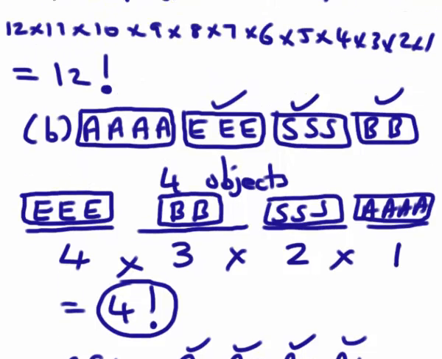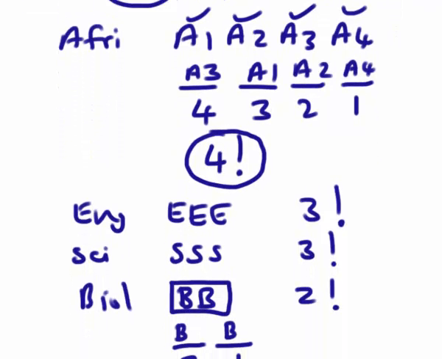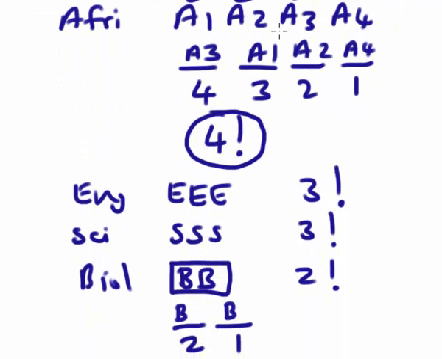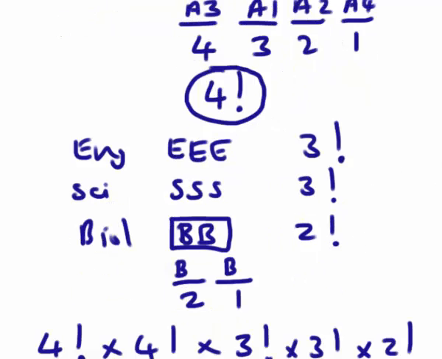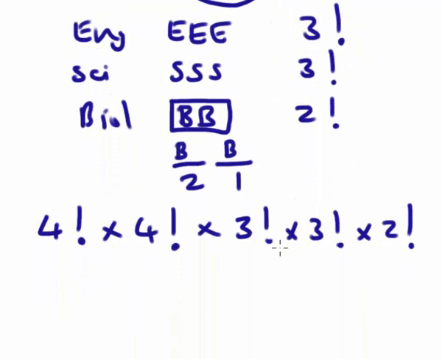The objects can be arranged in 4 factorial, an object being like 3 English books together, that's one object, and there are 4 objects, so we can arrange them in 4 factorial. The way that the books can be arranged relative to each other would be 4 factorial, English 3 factorial, science 3 factorial, and biology 2 factorial, and you multiply them together, and you have your possible arrangements.